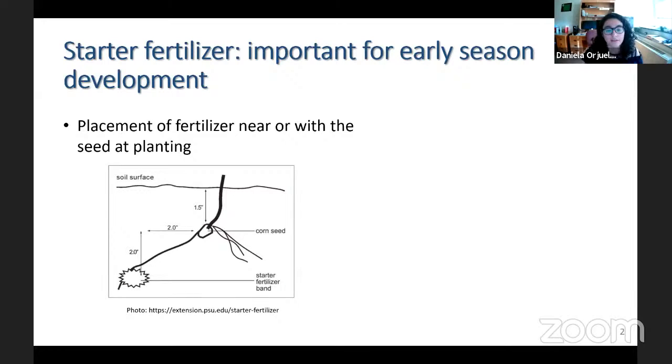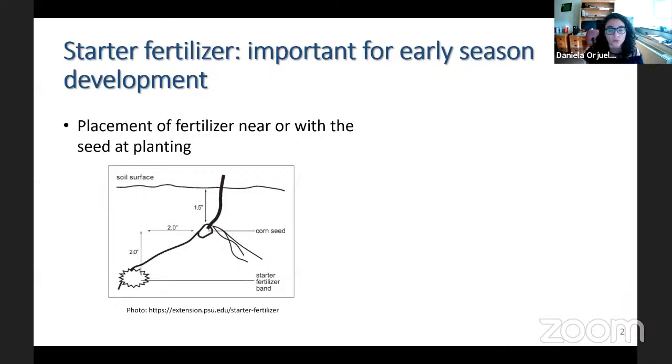So in this graph, we are seeing a specific placement that is 2 inches to a side and 2 inches below, or 5 by 5 centimeters. And this placement is important because we want to place the nutrients close to the seed, but without injuring the seed.